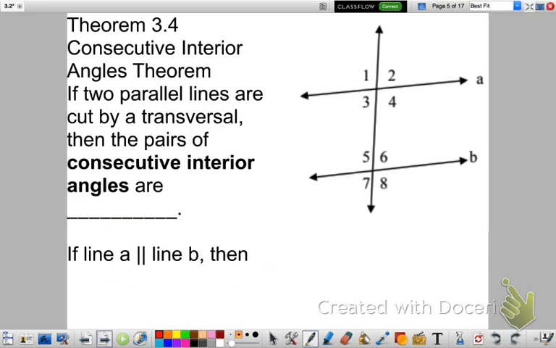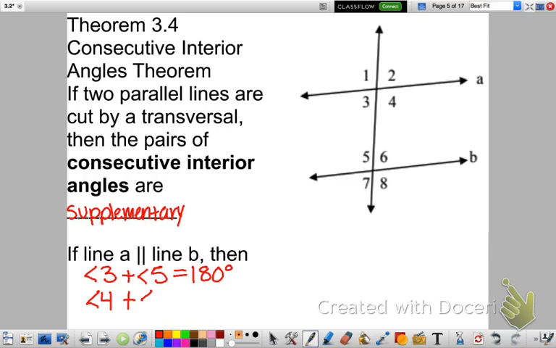Consecutive interior angles are going to be supplementary. So, angle 3 and angle 5 will add together to equal 180. And angle 4 and angle 6 will do the same.